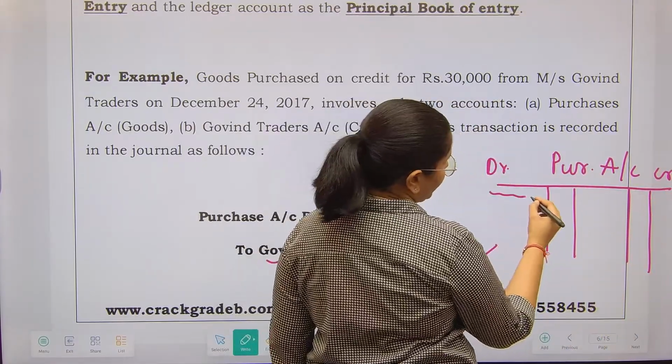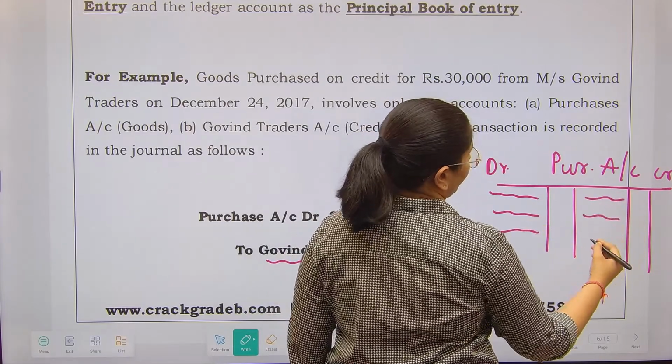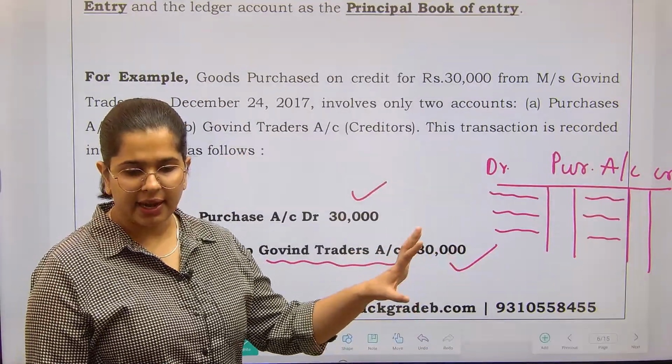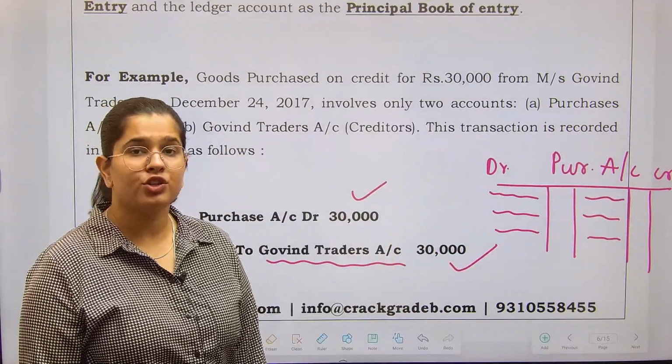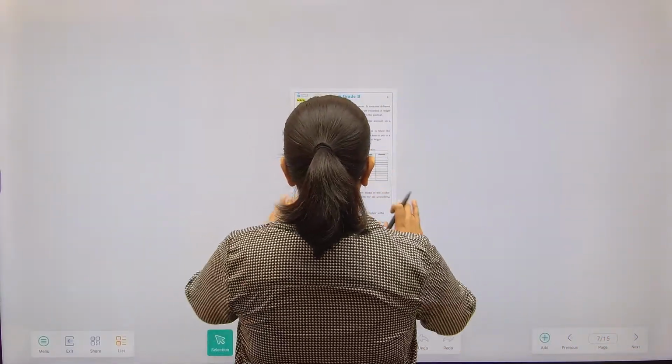So every transaction related to the purchase account will be depicted in the ledger like this. इस तरीके से हम ledger में show करेंगे. So ledger is an account which is used for summarizing.